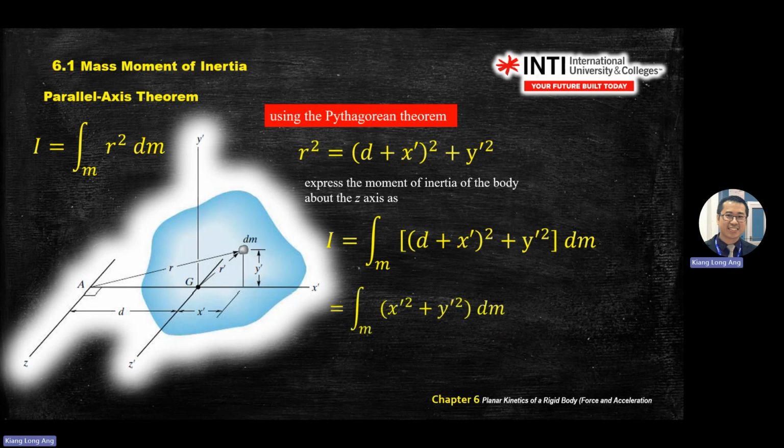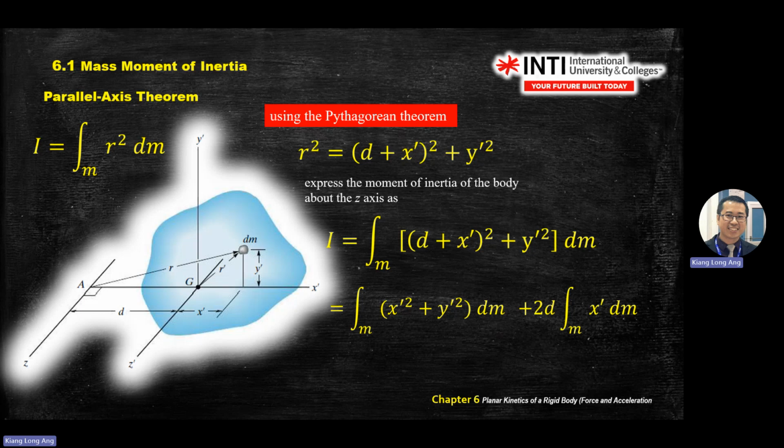Then you integrate. You expand this one and do the rearrangement. You can group the result of this integration into components: one with the prime or comma component, x component, y component, and another one with the dx prime dm.